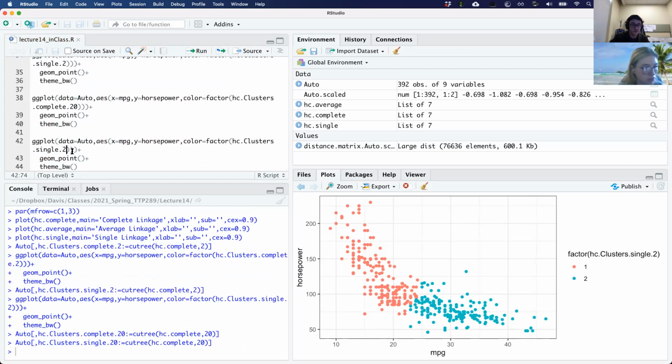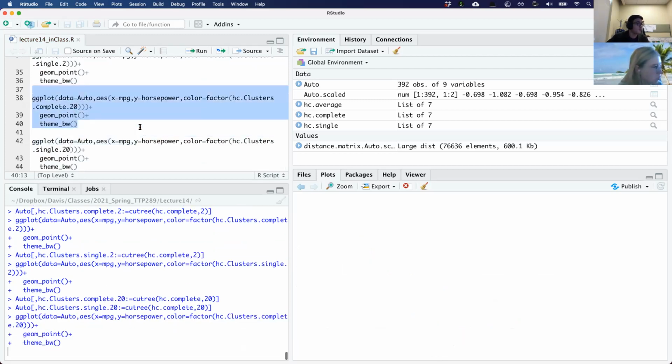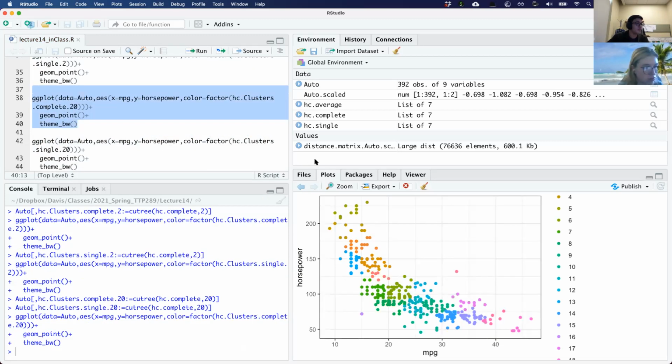Don't know if I've ever done 20 colors before, but let's see what happens. Okay, so this is with the complete linkage for the hierarchical clustering, and you can see how it's breaking down these points.